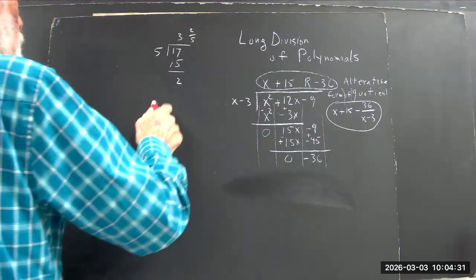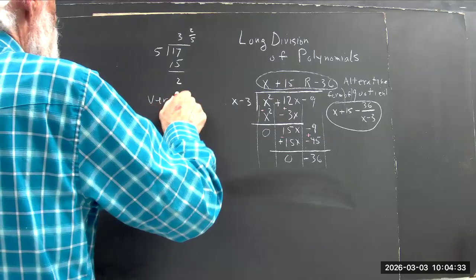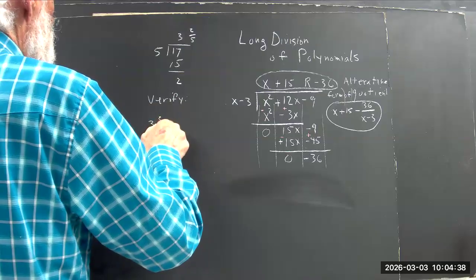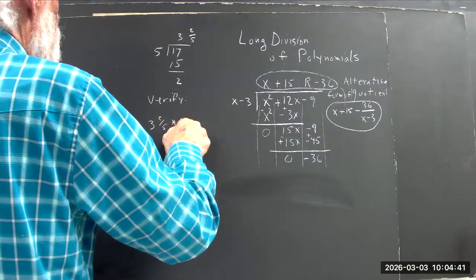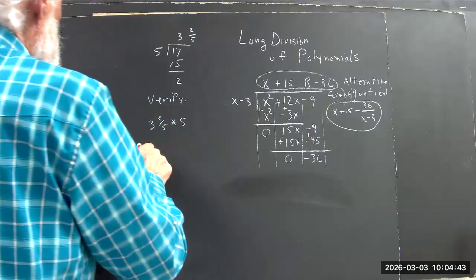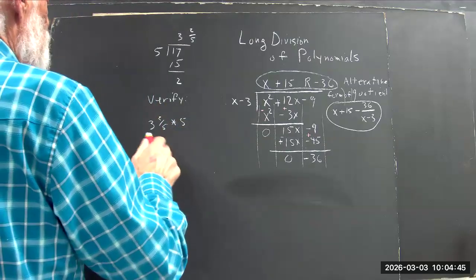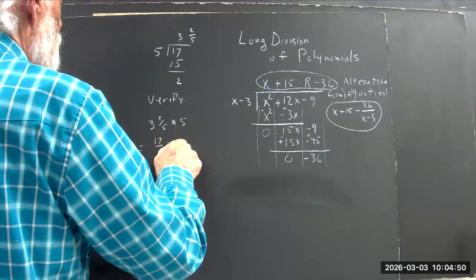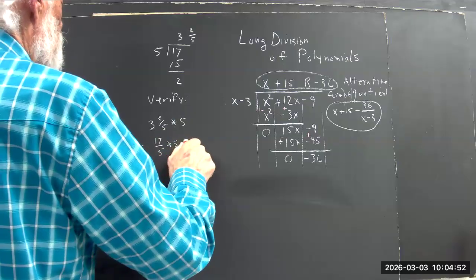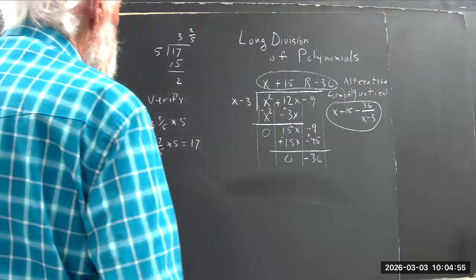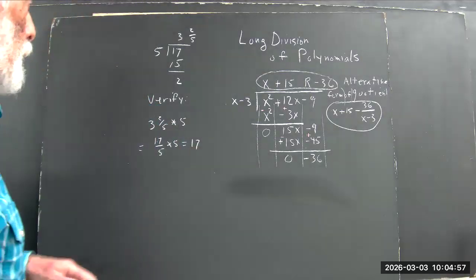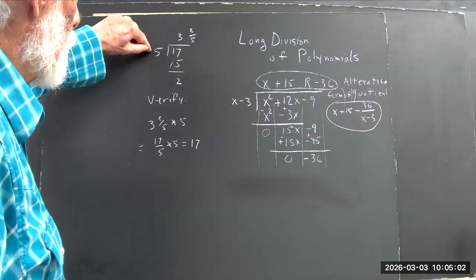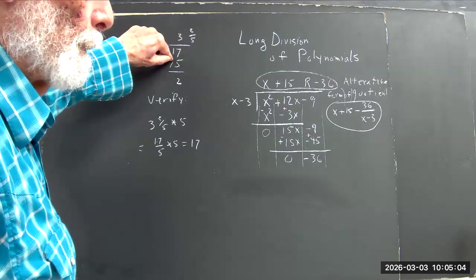Okay. Now we can verify. What's 3 2/5 times 5? Well, 3 2/5 is 17/5. And 17/5 times 5 is 17. So we see that our quotient 3 2/5 multiplied by our divisor 5 gives us 17.